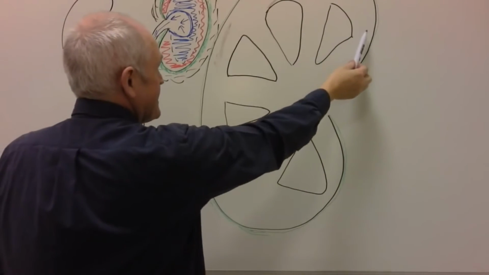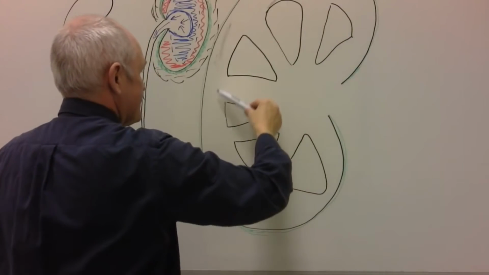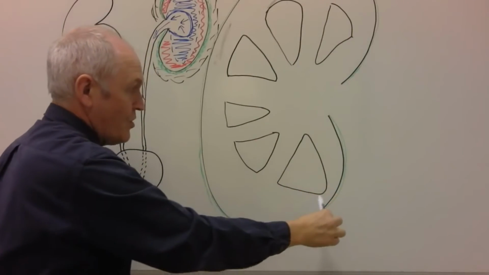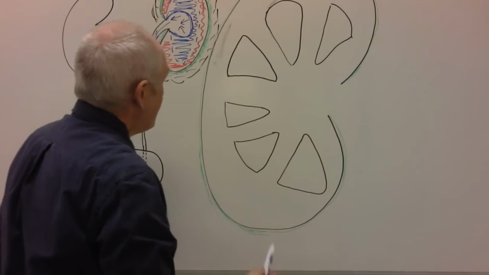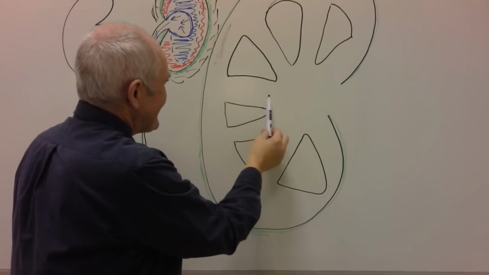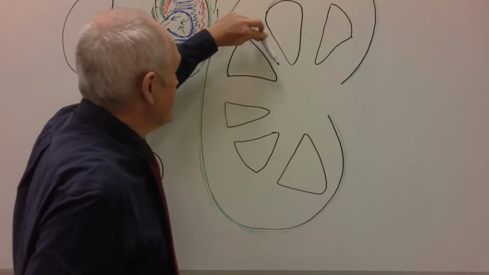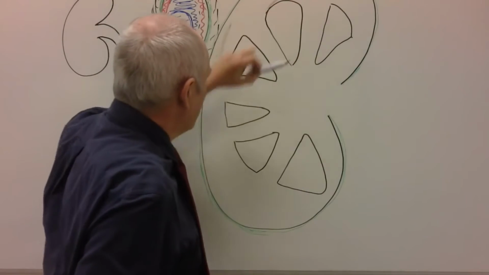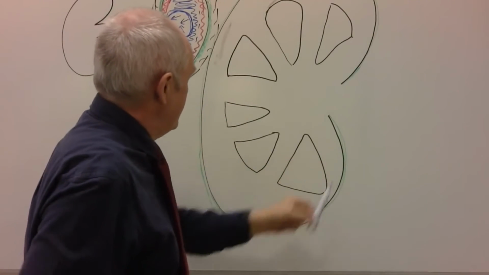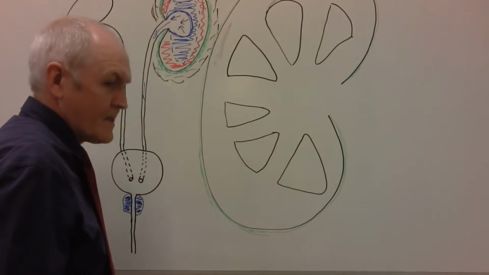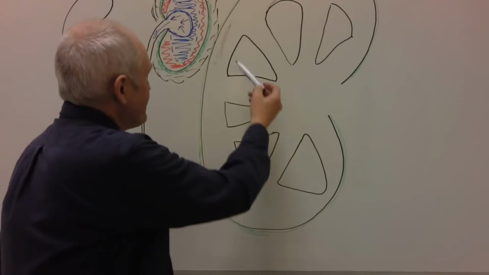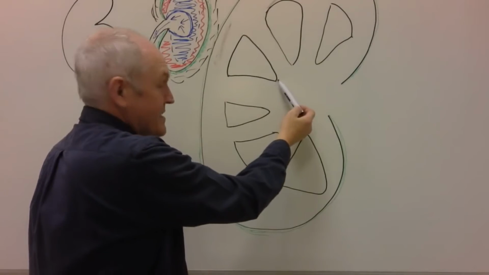So the cortex is this part on the outside. That is the renal cortex around the outside. But also the cortex consists of these renal cortical columns projecting down between the pyramids. And we've noted that each pyramid has a base and an apex.